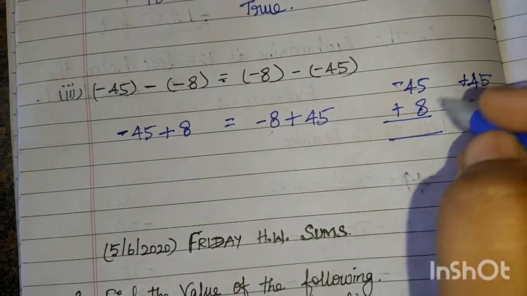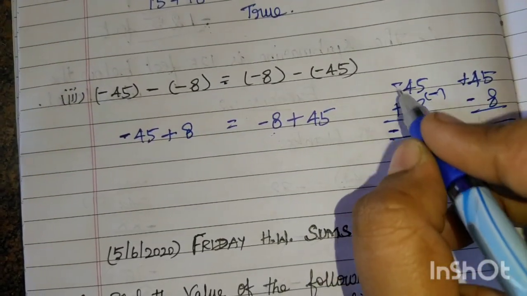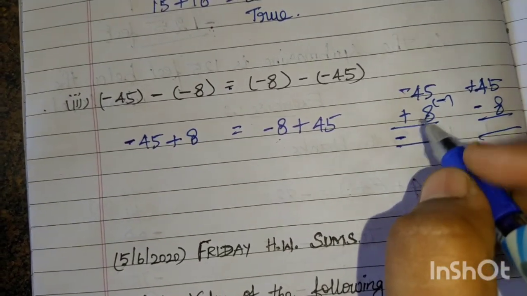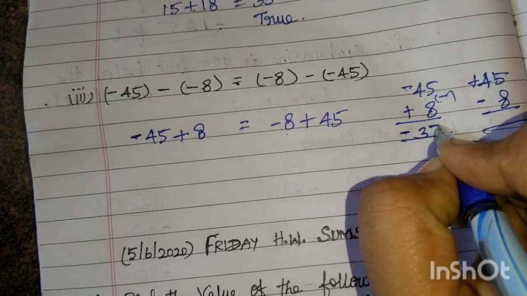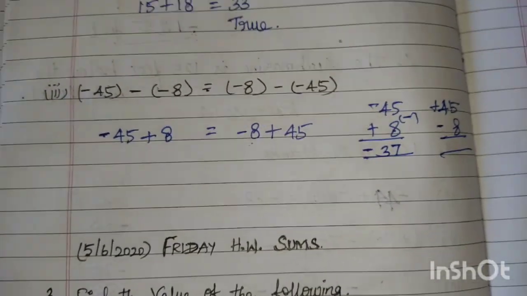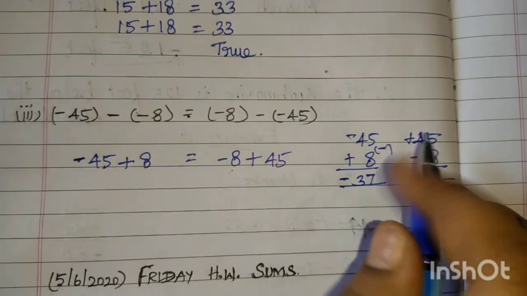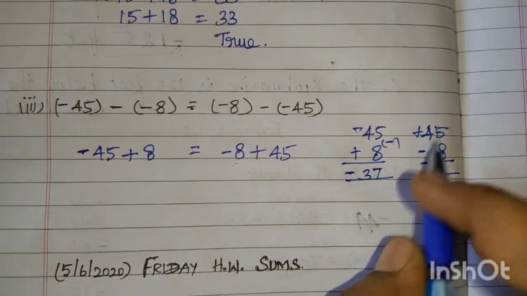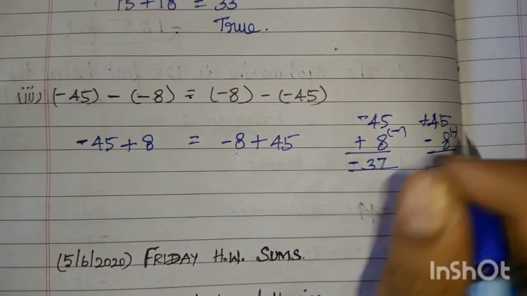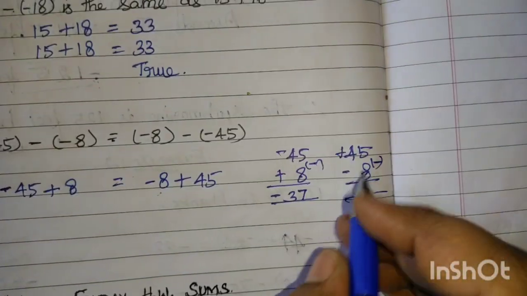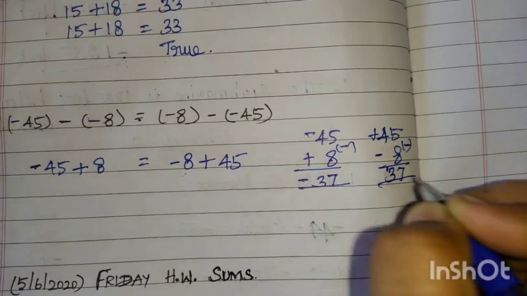You just solve this one. Minus into plus is minus. Minus will come. Our bigger number is minus. So 45 minus 8, what will come? 37. Okay, here plus 45 minus 8. Both the symbols are different. So we just want to do the subtraction. Here also what answer will come? 37 will come.